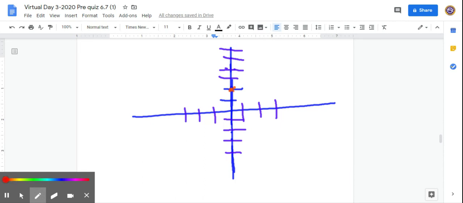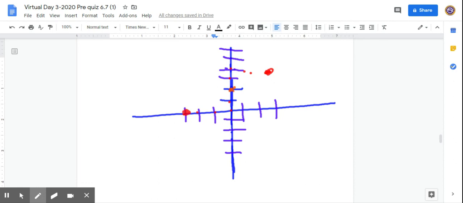All right, so the slope is what? 2/3. That means we're going to go up 1, 2, and over 1, 2, 3. Put our point. Well, we go down 1, 2, and left 1, 2, 3. Put our point.